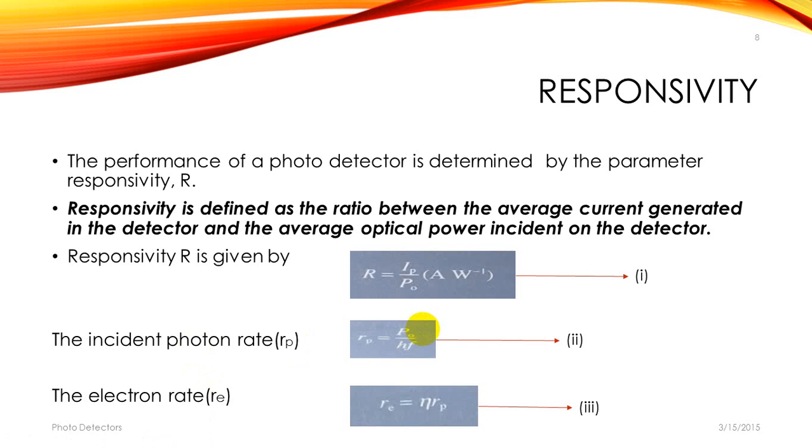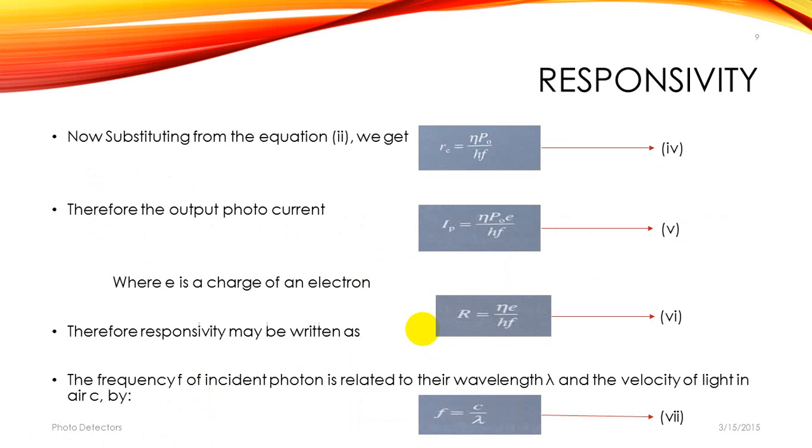And the electron rate is given by Re equal to eta Rp, which is equation number 3. Now substituting from equation number 2, we obtain Re equal to eta P naught by hf, which is equation number 4.